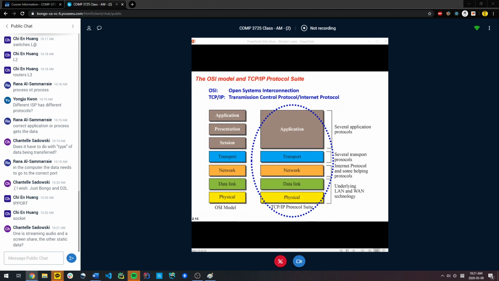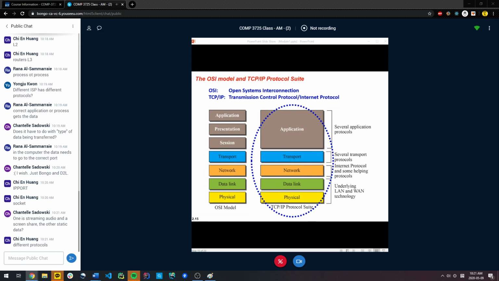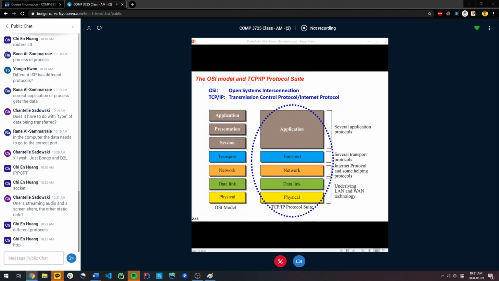So it's different protocols. On your D2L, it's very likely HTTP, and I'm not sure about Bongo. I believe Bongo may use an encapsulated protocol which is proprietary for themselves. But let's assume you have a web browser running.